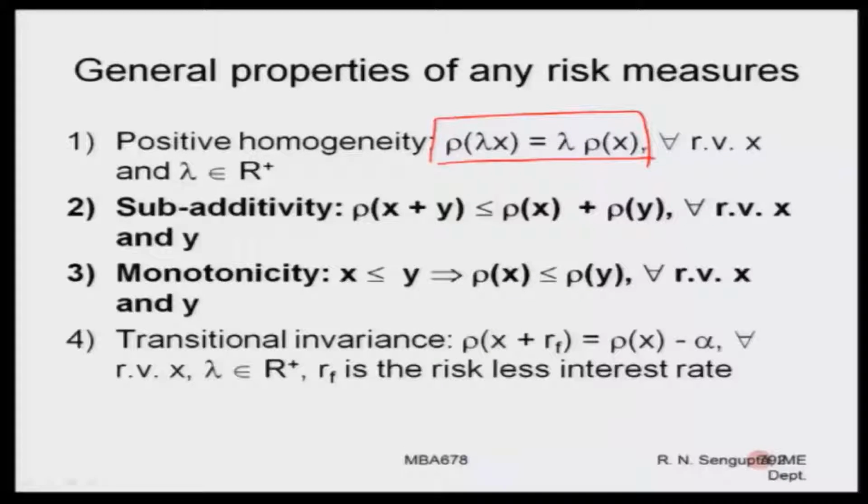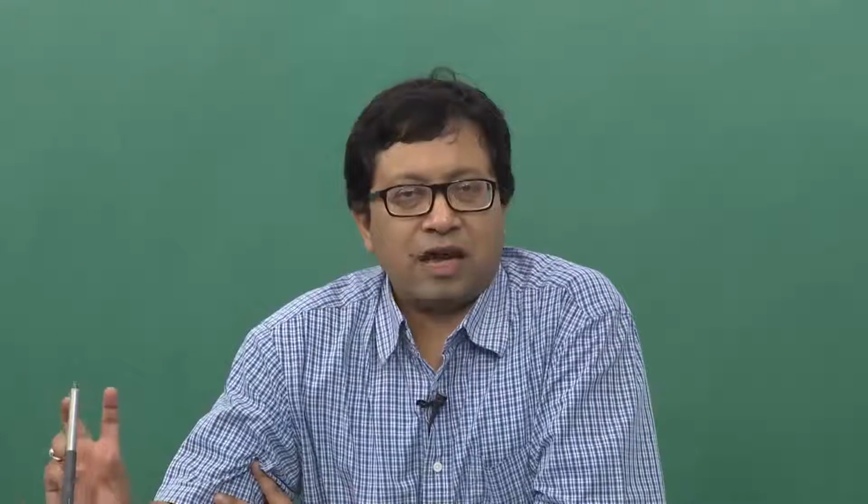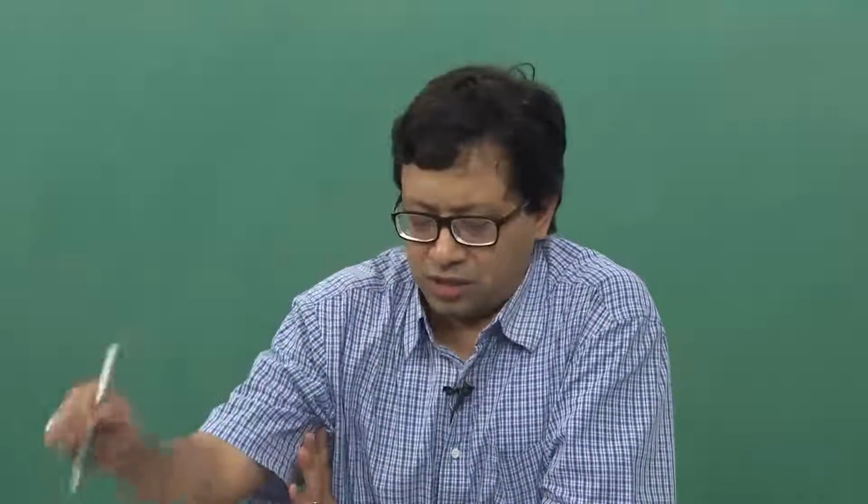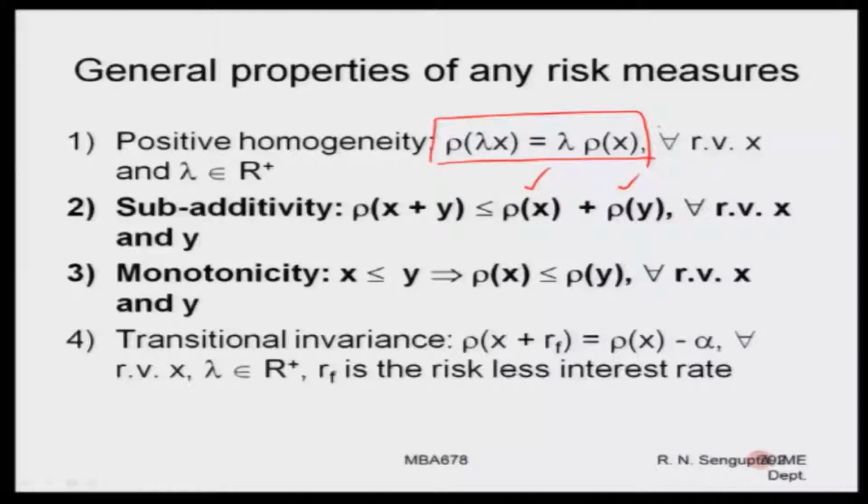The second point is sub-additivity, which is very important. Consider that you have 2 different financial assets and you have some measure of risk. Rather than finding out the collective combination of these 2 assets and then finding out the risk, another nice thing which can be done is to find out the individual level of risk, which is rho x or rho y, and add them, considering there is an additivity between them on the left hand side.